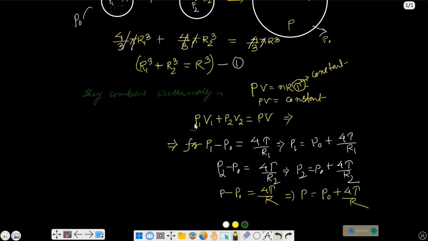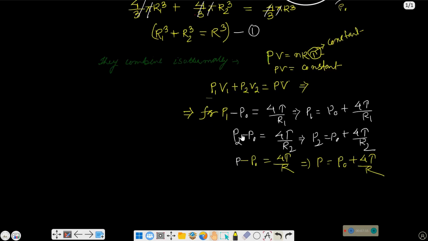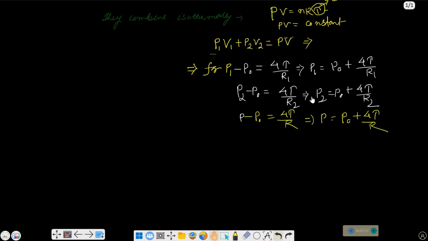Now if we put these values of P1, P2 and P in this particular equation, we will get, for P1, P0 plus 4T by R1. Now what is V1?